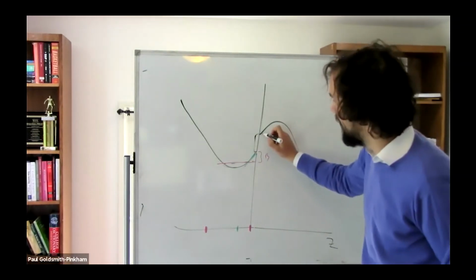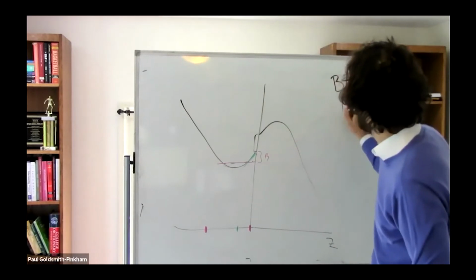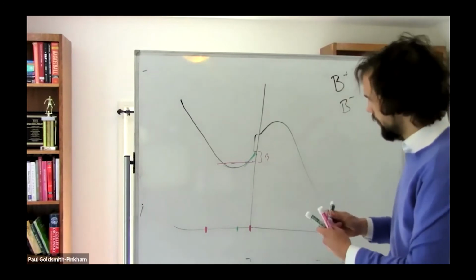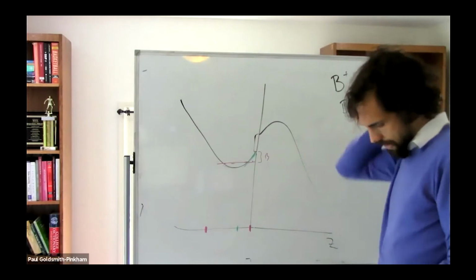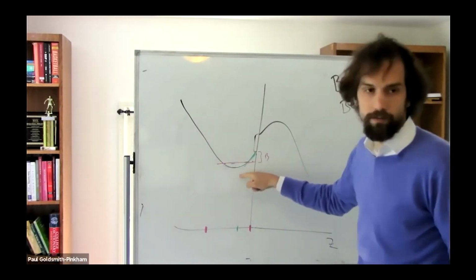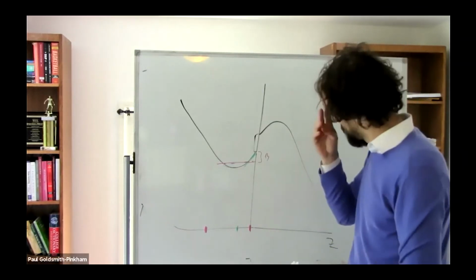So when I'm thinking about the bias in estimating this difference, it's a function of B plus and of B minus. The point is that I can think about each of these individual bias terms as being a function of how bad an approximation my line is on the left or on the right.